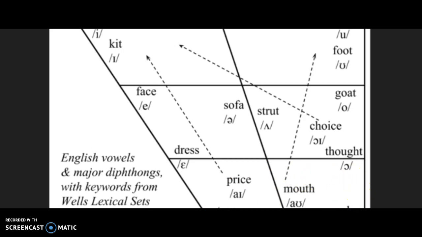We've got ah for palm, ah for thought, slightly different, again, very similar sounds. O for goat, oo for foot, and oo for goose. So again, the sounds go ooh, ah, and over here, and then the schwa and the sound in the middle.